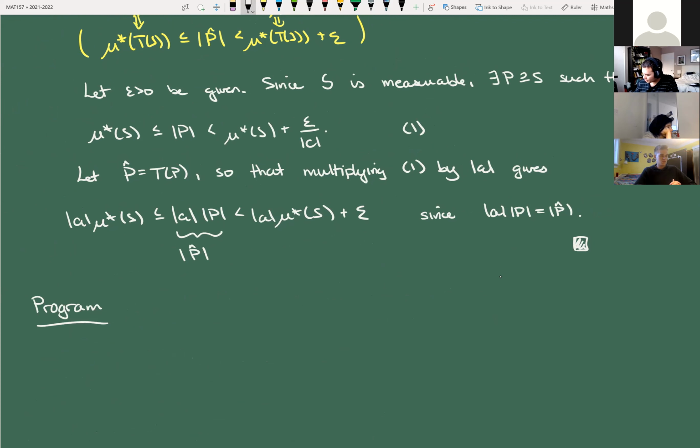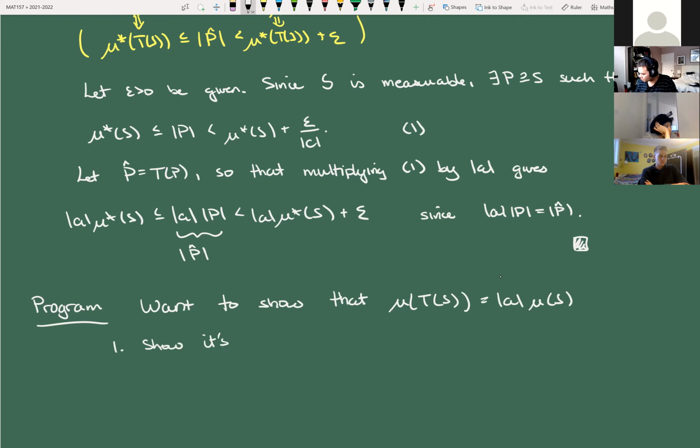So the program, again: we wanted to show that the measure of the image was equal to A times the measure of S, right? So what did we do? One, show it's true for rectangles, or for intervals. That's reasonable. Two, show it's true for polyintervals.